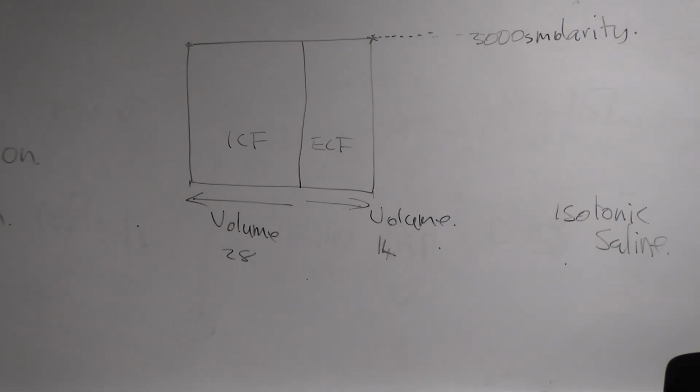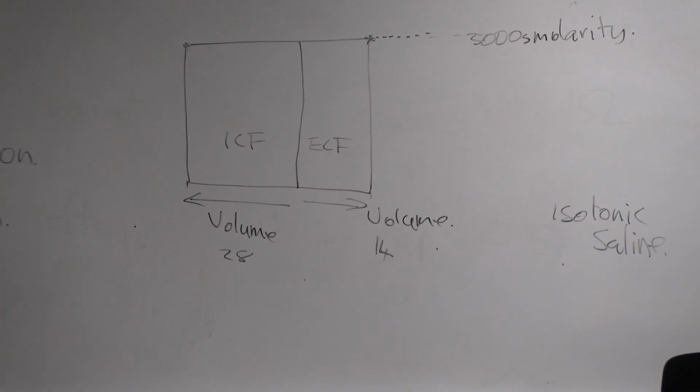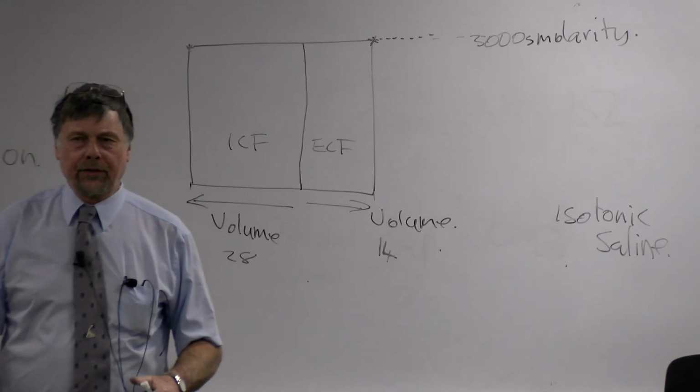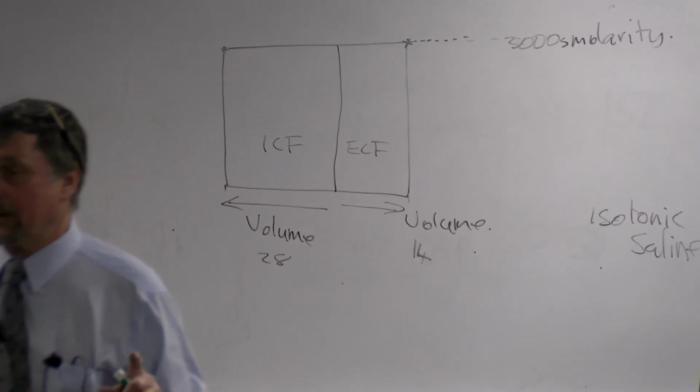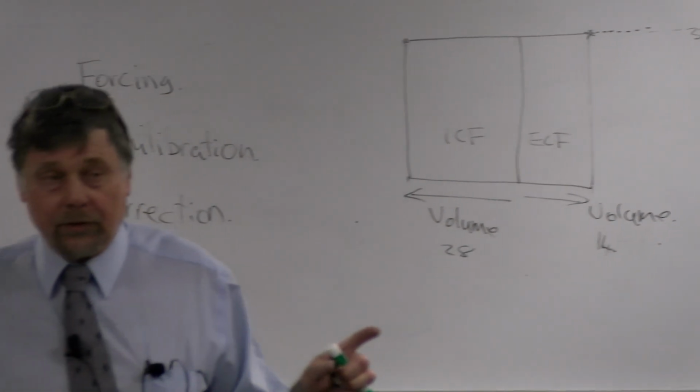I'm going to use some colors here. Let's add a liter of isotonic saline. You can only add things to the extracellular fluid in the first instance, yes?